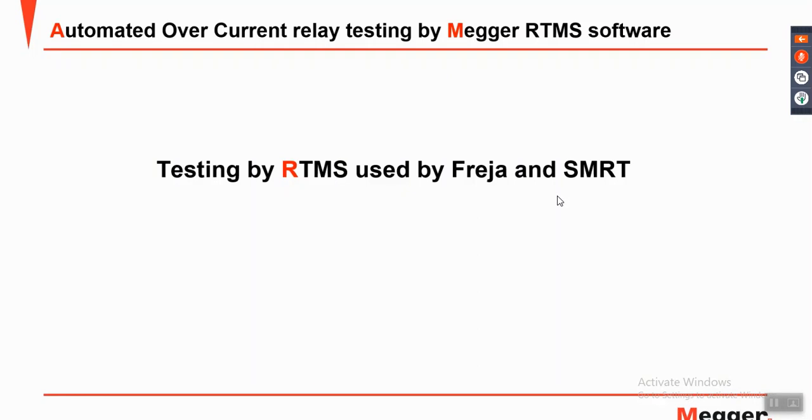So we will do a pickup dropout a different way, and then we will do a timing test. And then we'll generate a report and we'll show you how you can save your test plan and repeat the test. So I'm using the latest software here in the explanation published on our website at Megger, which is version 11.29.